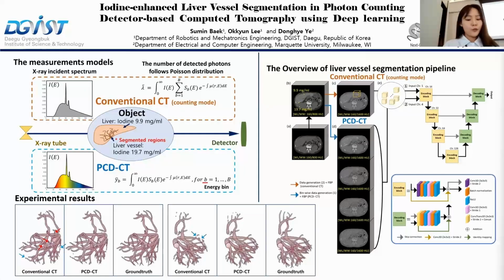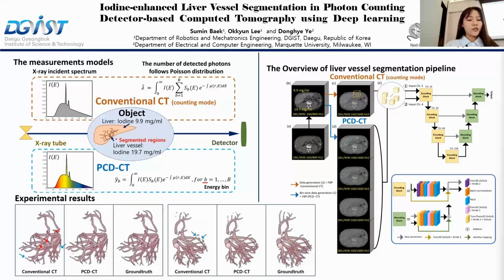Hello, my name is Sumin Baek. I'm visiting from South Korea. Our poster is about liver vessel segmentation in photon counting CT using deep learning. We generated multi-channel datasets by utilizing the energy discrimination capability of photon counting CT.